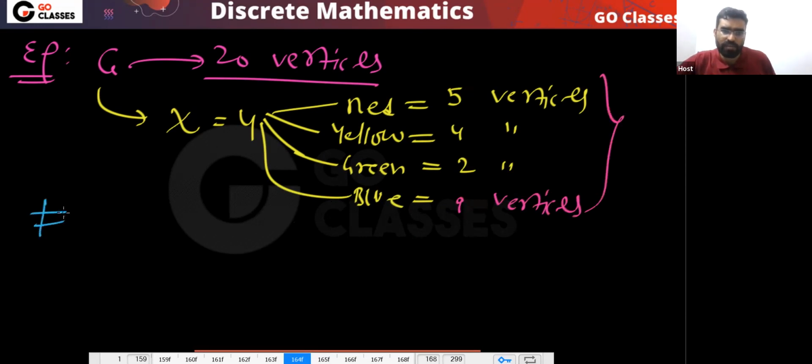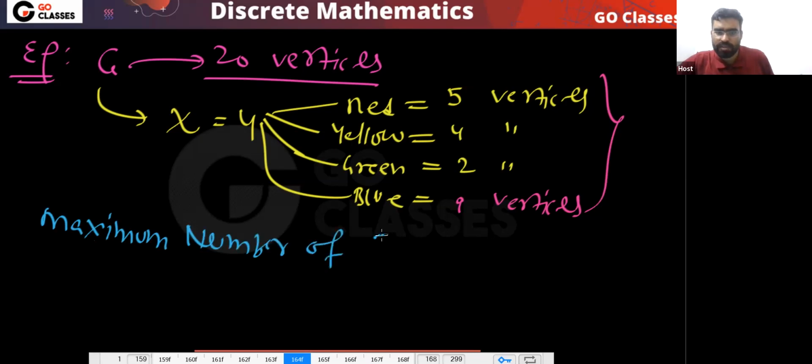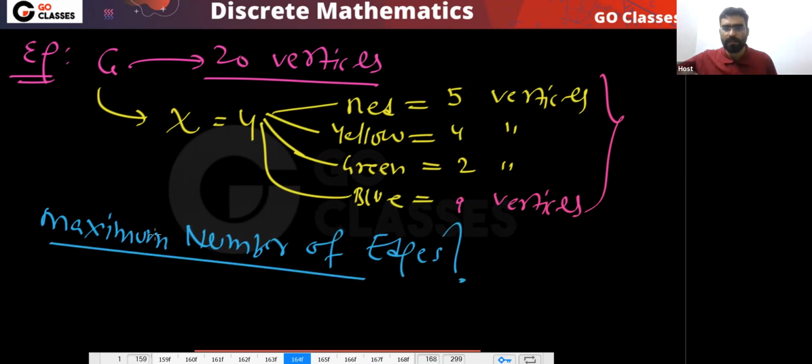What is the maximum number of edges that will be there? Very simple. Between every vertex of red and every vertex of yellow, there will be an edge. For red and yellow, for every pair of vertices you will create an edge.